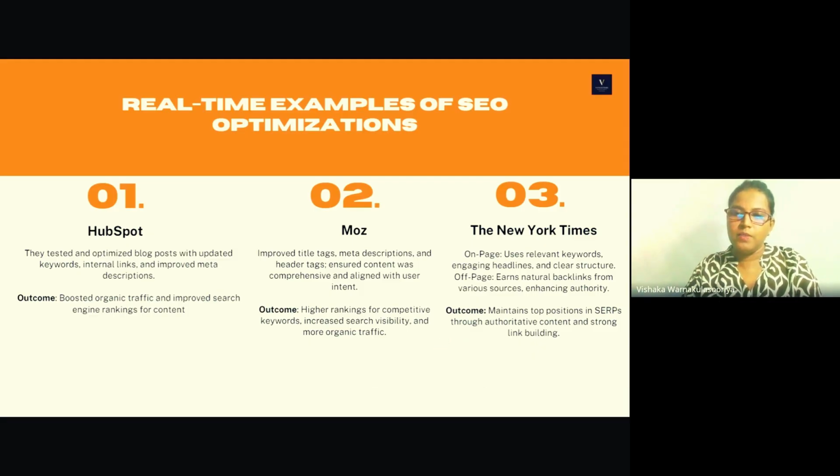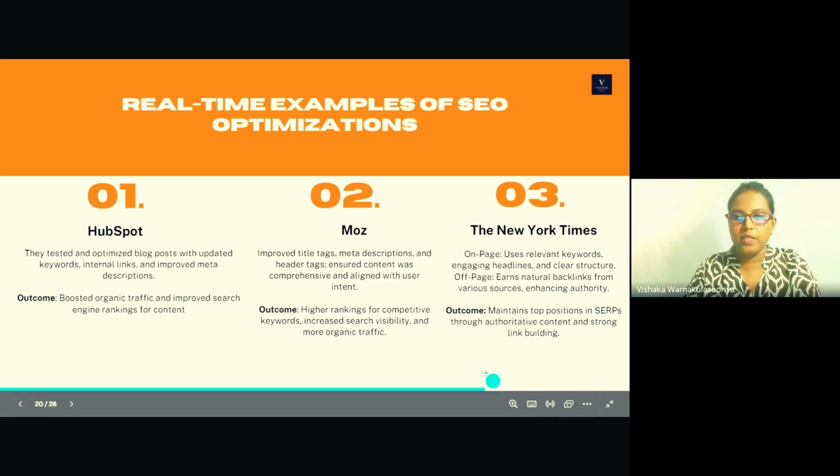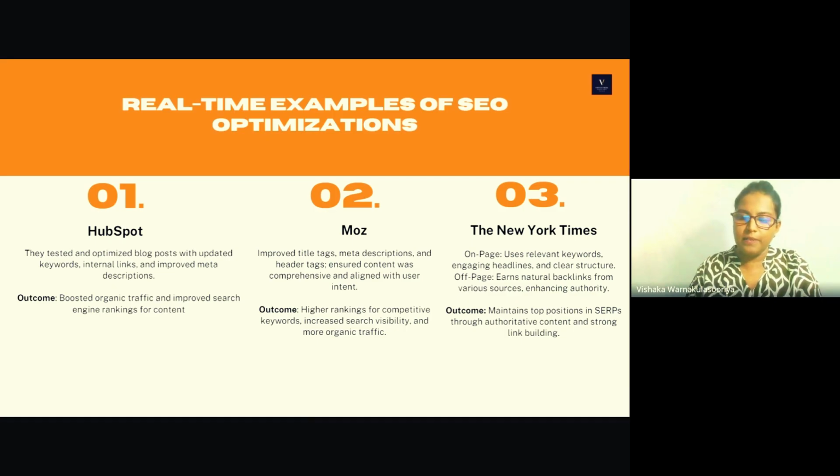The New York Times is another one that managed their articles with clear structure, relevant keywords, and engaging headlines. Apart from that, they use backlinks from various sources, which enhances their credibility, and they could gain more visitors from other websites. These are the changes they made for SEO optimization, and based on that, these businesses could gain the expected benefits by increasing organic traffic and search engine visibility.